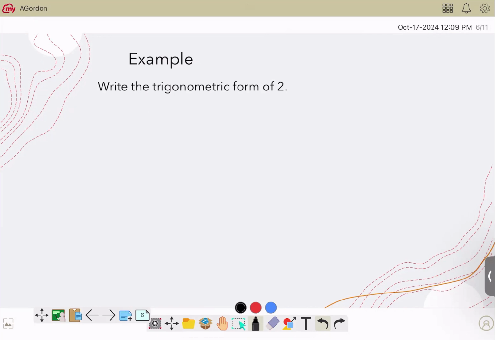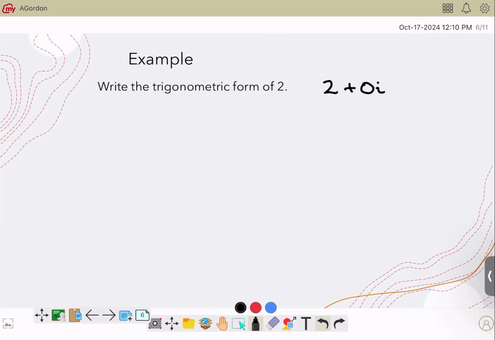Okay, so here's another problem. We are going to rewrite the number 2 in trigonometric form. So we want to think about 2 as a complex number. If I rewrite it as a plus bi, it would be 2 plus 0i, because the imaginary part is 0 since 2 is a real number.